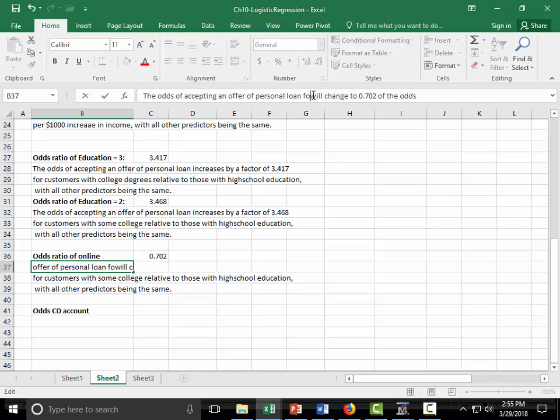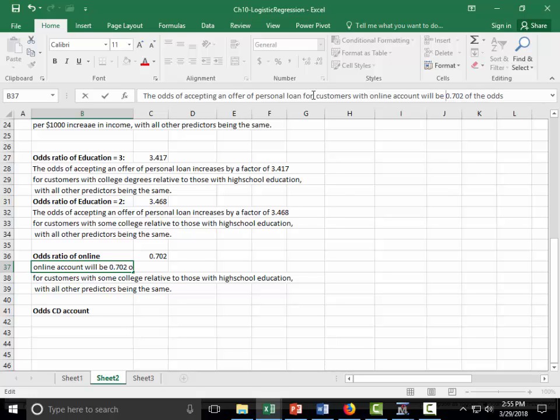I'll put that here for customers with an online account, right? There are only two values, 0 and 1 here.